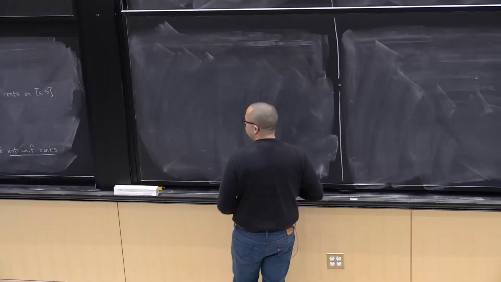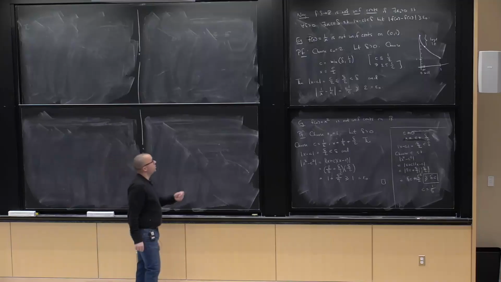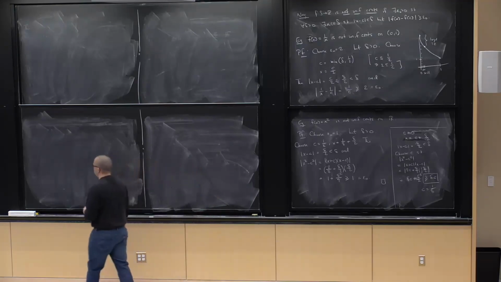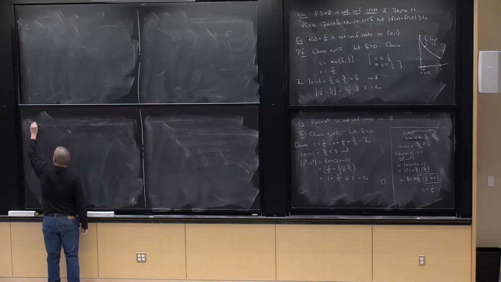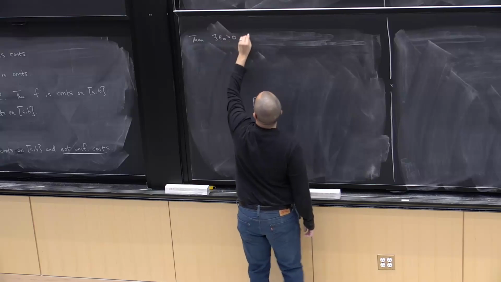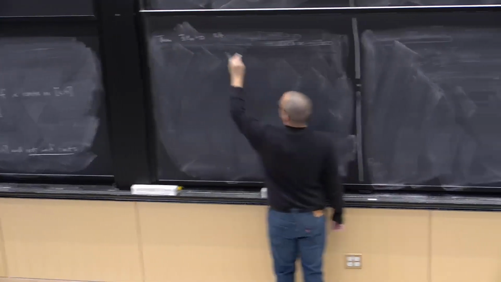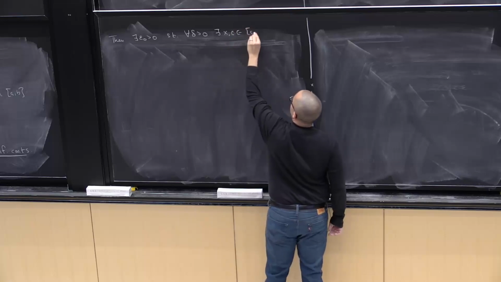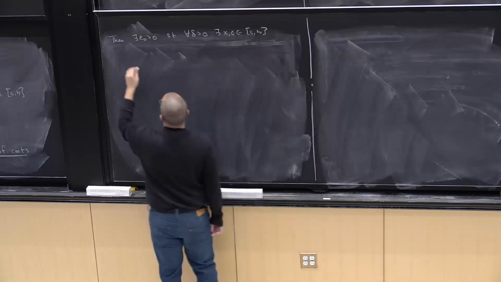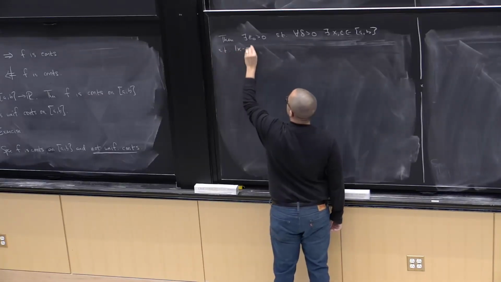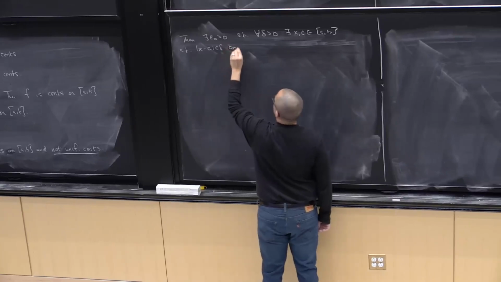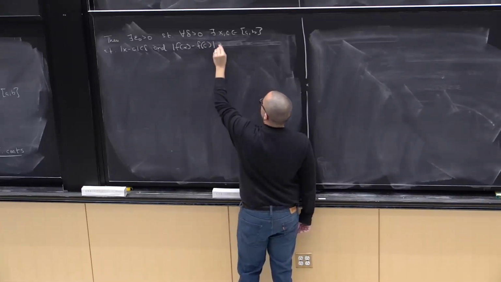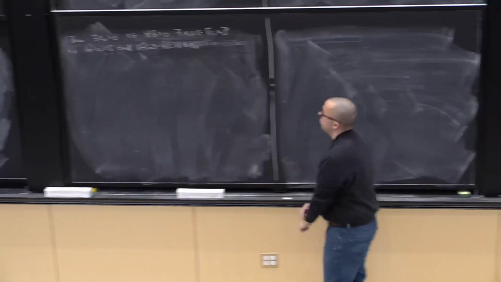So we use this negation of the definition of uniform continuity, which says that there exists an epsilon naught greater than 0 such that for all delta positive, there exist x, c in AB, which depend on delta, such that the absolute value of x minus c is less than delta, and the absolute value of f of x minus f of c is greater than or equal to epsilon naught.